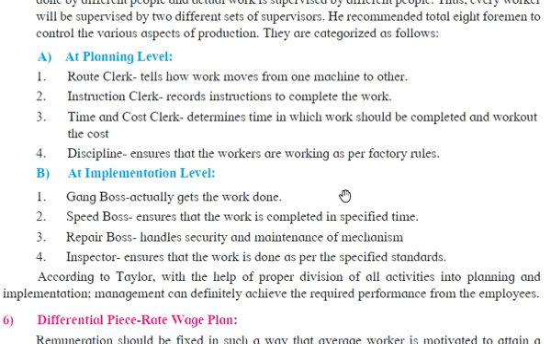At implementation level, the gang boss gets the work done, and the speed boss ensures that the work is completed in a specified time. The repair boss handles security and maintenance of machinery, and the inspector ensures that the work is done as per the specified standards.